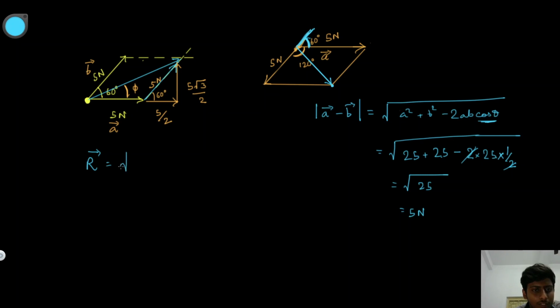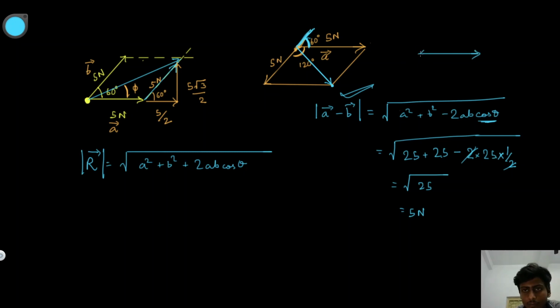So the magnitude of this r vector would be square root of a square plus b square plus 2ab cos theta, right? So this operation was performed as per this diagram.